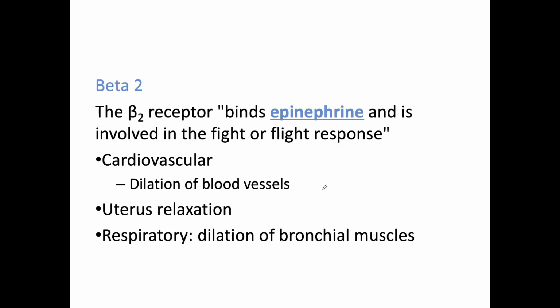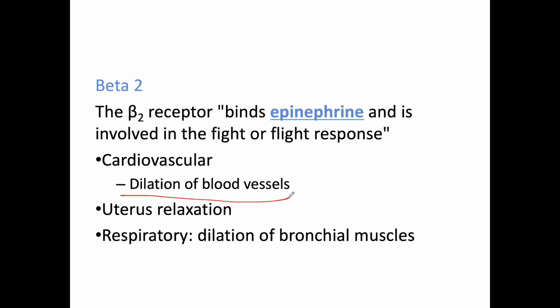Beta-2 receptors. These are the only ones we're covering that predominantly bind epinephrine. Epinephrine, remember, is constant in your blood, but when you do go through a sympathetic response, its levels do increase, and that increase is detected by beta-2 receptors. Beta-2 receptors are found specifically in the blood vessels of the heart, like the coronary artery, the anterior descending artery.